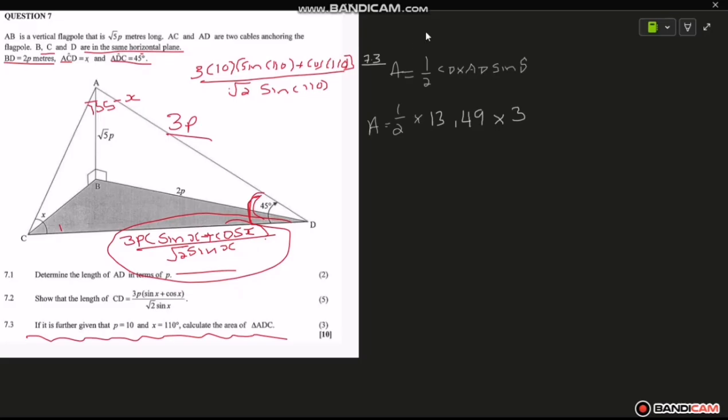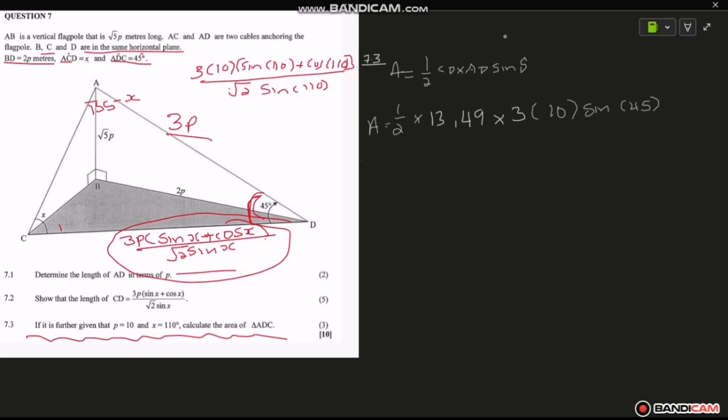I'm not sure if rounding off will affect everything, but we'll see. We do have P as 10. Therefore, sine 45. Then let's multiply everything so that we have the area of triangle ACD or ADC. You can also use your calculator, but I doubt it will give us the correct answer because we rounded off CD before the last step.